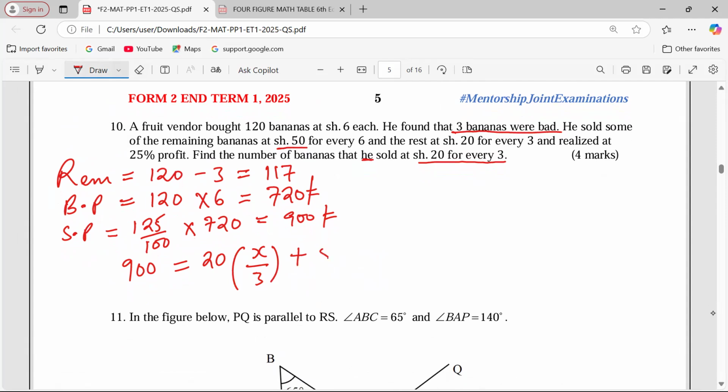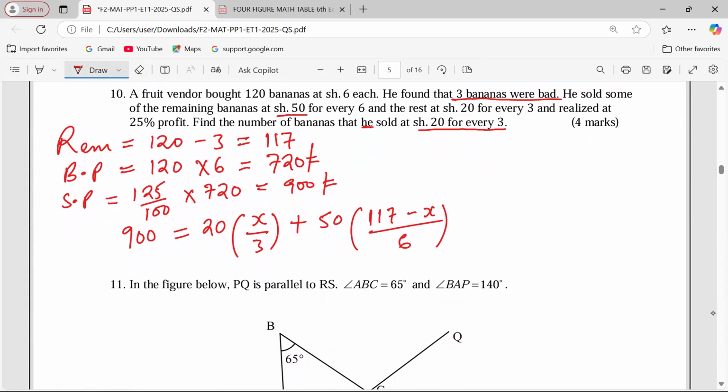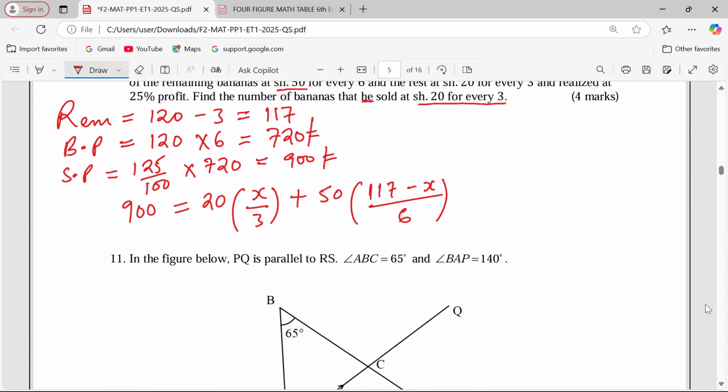Then another group, which is remaining now, will be sold at 50. And how many are they? The remaining 117 minus the x which has been sold at 20. But now these ones, which are the remaining, are being grouped into 6. So now from this, we can find the value of x in this manner.